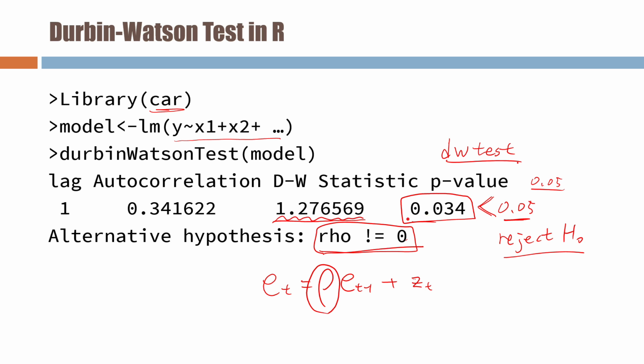Since we reject the null hypothesis that rho equals 0, we cannot say there is no autocorrelation. The result will be there is autocorrelation.